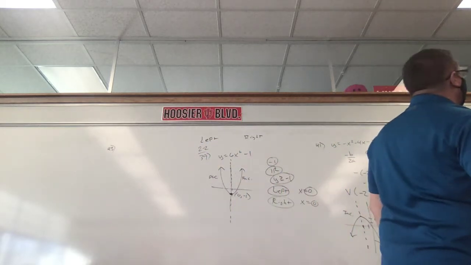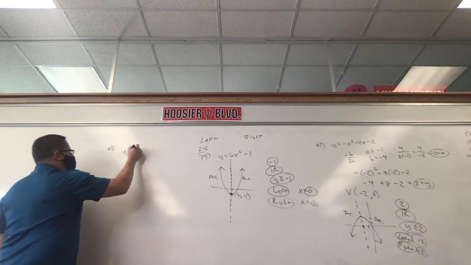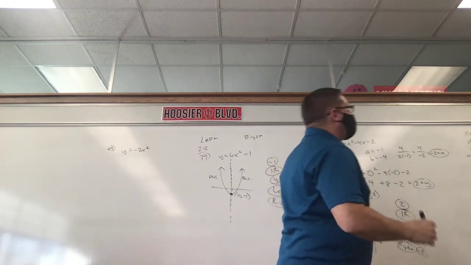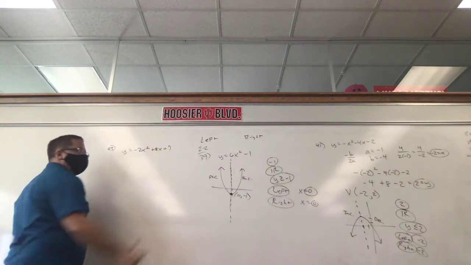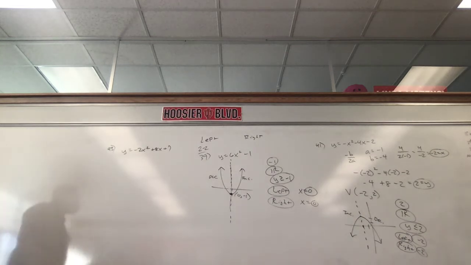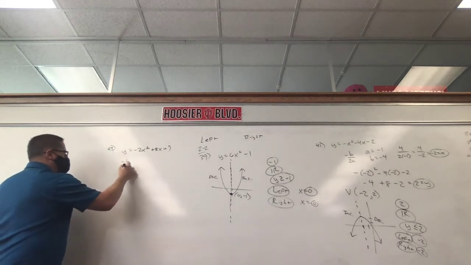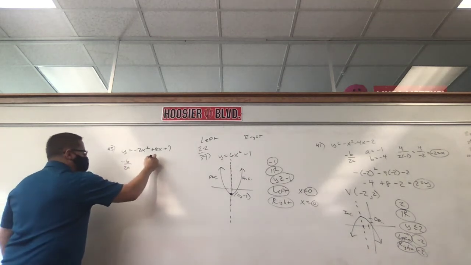Okay, so number 43. We have y equals -2x squared plus 8x plus 7. This is a tougher one because we have two x's and I have no idea what the vertex is. So we need that little formula again, -b over 2a. A in this case is -2.